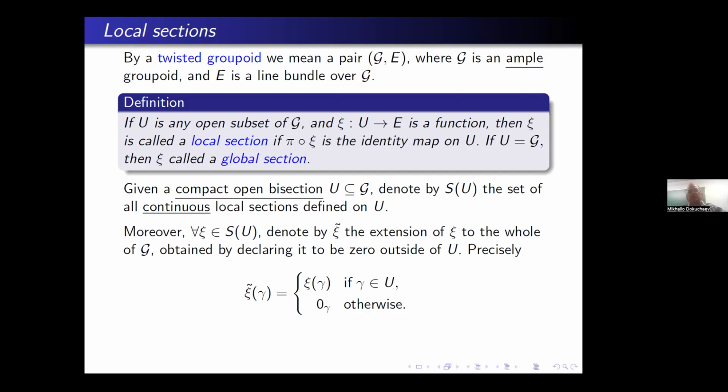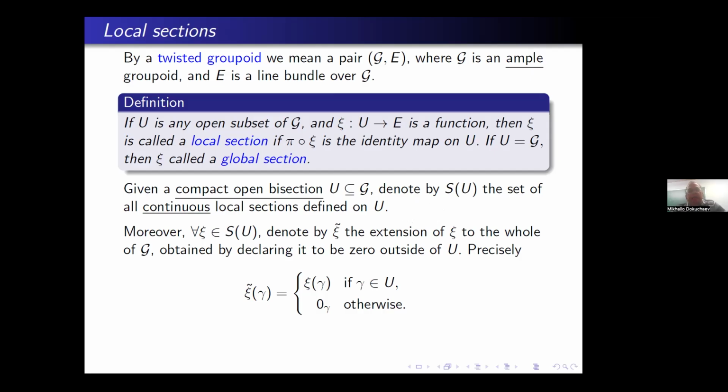So that was the definition of local section, which is not necessarily continuous. I will use non-continuous ones maybe once, but we are really interested in continuous local sections, so your question was perfectly posed. So we will consider all continuous local sections defined on U.